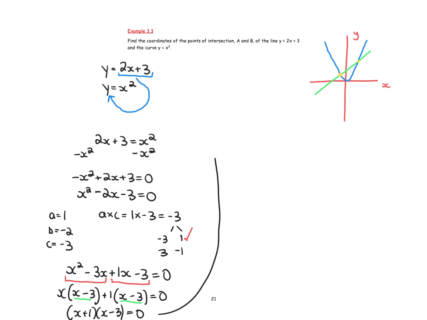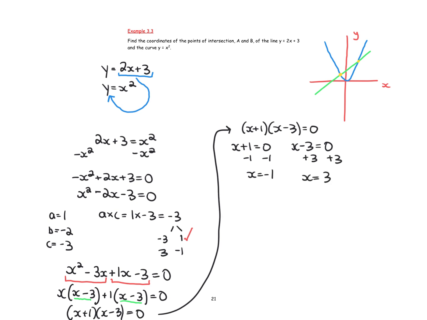Bringing that up here just so we have a bit more space, I have x plus 1, x minus 3 is equal to 0. As both of those things are equal to 0 when they're multiplied, they both must be equal to 0. We get x plus 1 is equal to 0 and x minus 3 is equal to 0. Minusing 1 from both sides, we get that x is equal to minus 1. And adding 3 to both sides, we get that x is equal to 3.